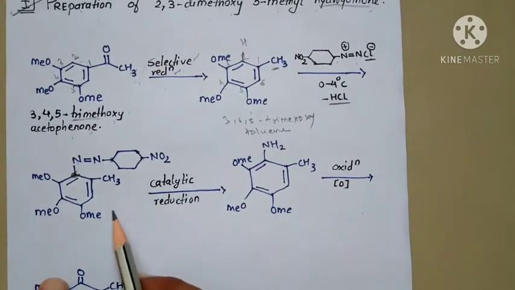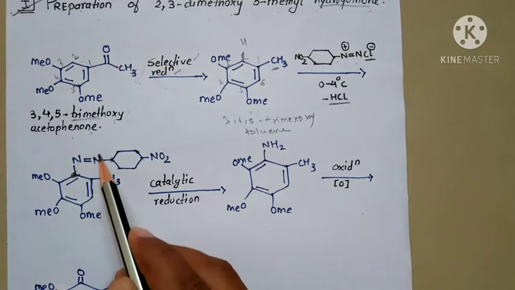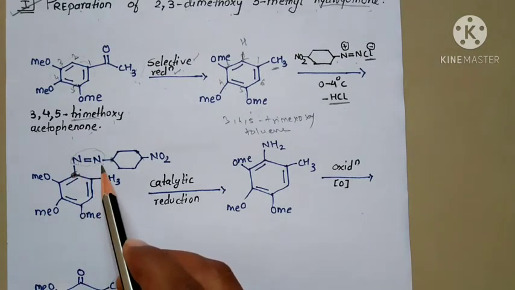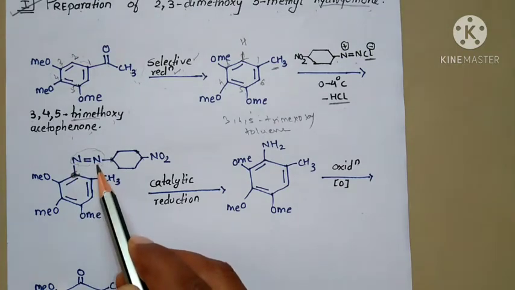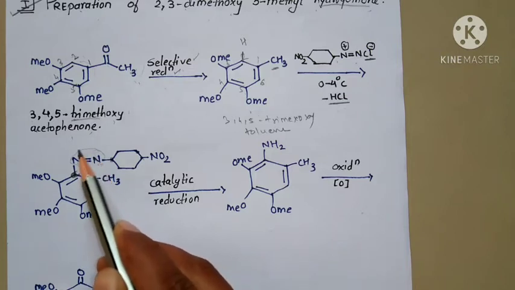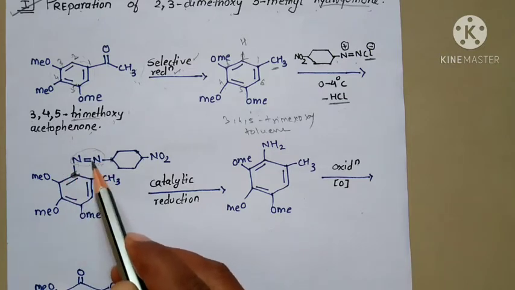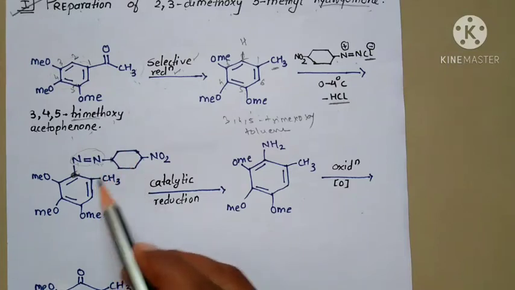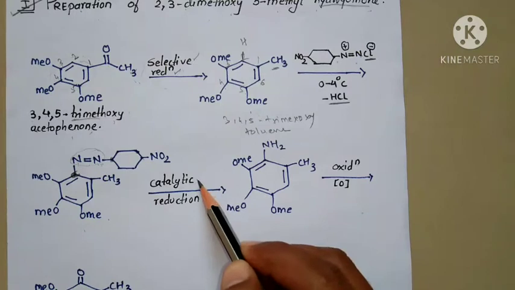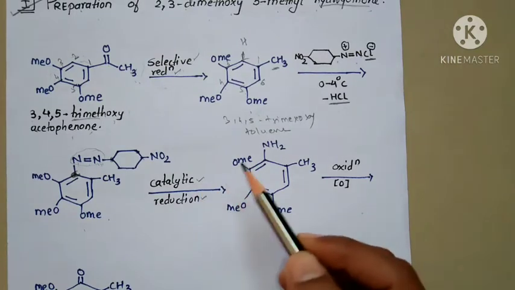After the diazotization process, why is it diazotization? Because nitrogen double bond nitrogen indicates diazo group. In a heterocyclic compound, nitrogen is called aza. So here it is present 2 times, so that's why it is called diazo group. After diazotization, catalytic reduction takes place.